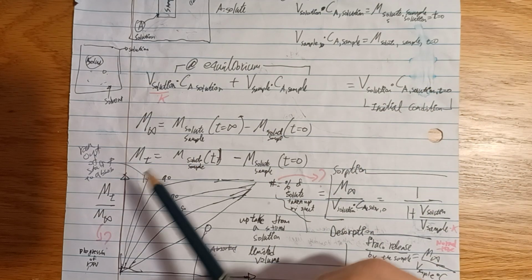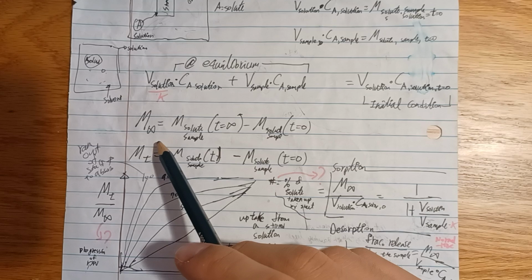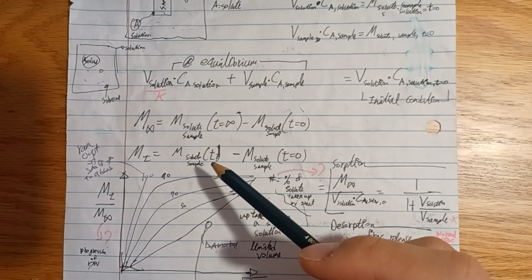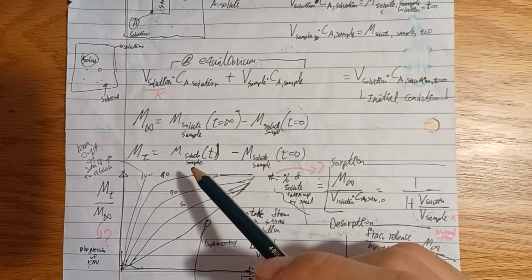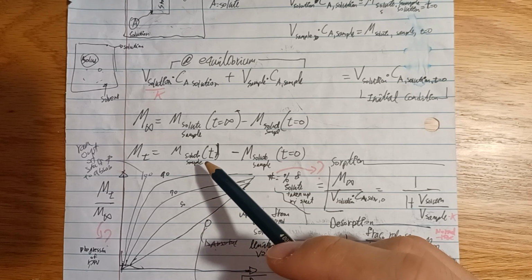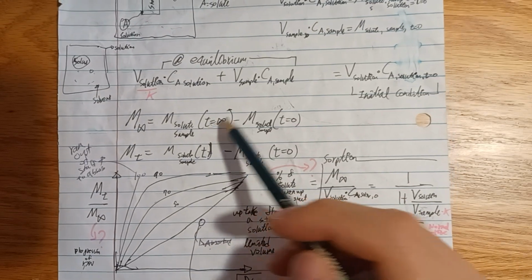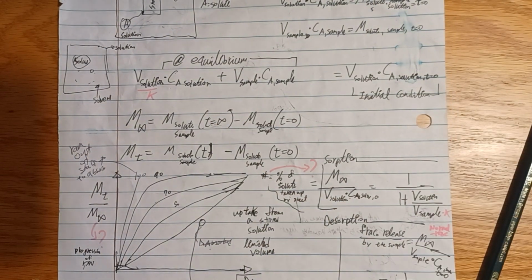And as we all know, the M infinity is equal to the mass of solute in the sample at the steady state, minus the mass of solute in the sample at time equals 0, at the initial condition.